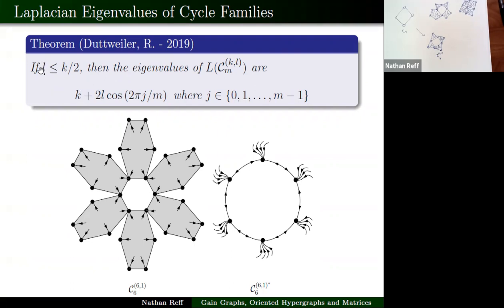As long as the number of vertices that consecutive edges share is less than or equal to half their size. So for example, this is size 6 and 1 is less than or equal to half their size, which is 3. It turns out that the Laplacian eigenvalues follow this formula, which is the size of the edge plus 2 times the number of shared vertices times the cosine of 2 pi j over m, where m is how many edges and j just ranges between 0 and m minus 1.